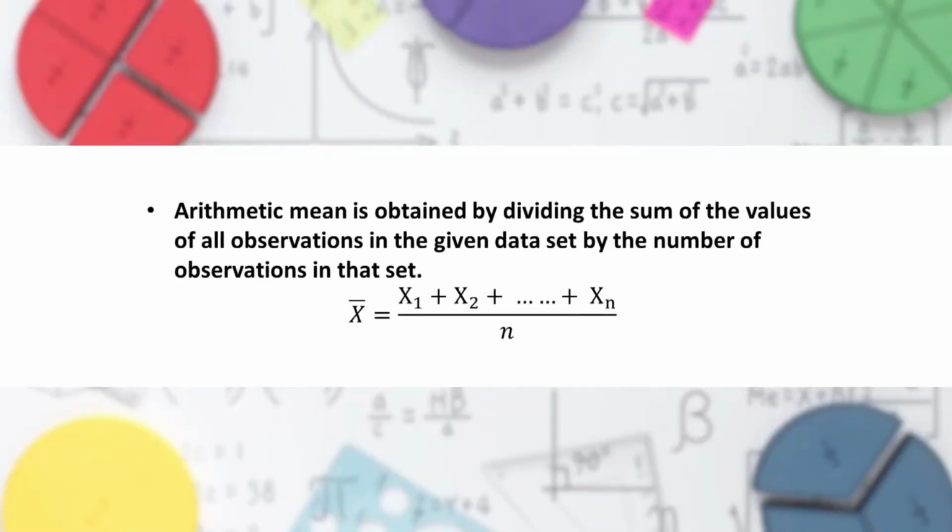Wages of individuals: wages of Mr. A, Mr. B, Mr. C, Mr. D and Miss E. So if you have to compute the average, you add up all the values of this variable. That means you add up all the wages received by these 5 individuals and then you divide it by 5, because the number of observations is 5 in this case, the number of people is 5. So this is the simple way of calculating average, and this is what you do when you are trying to calculate arithmetic mean.